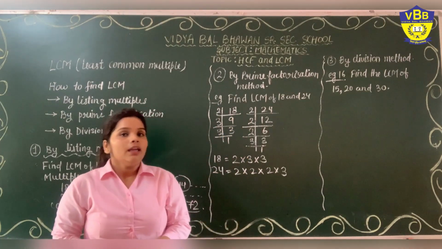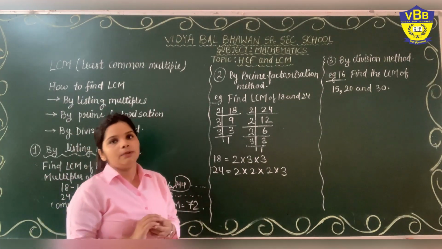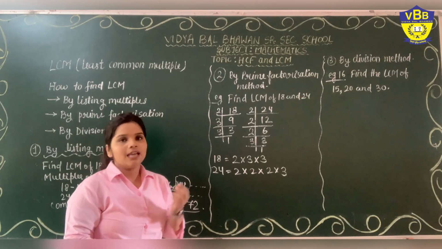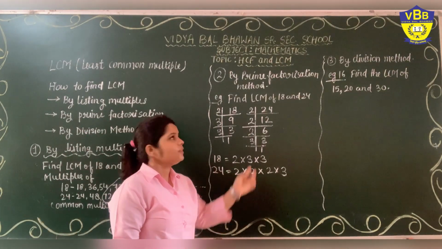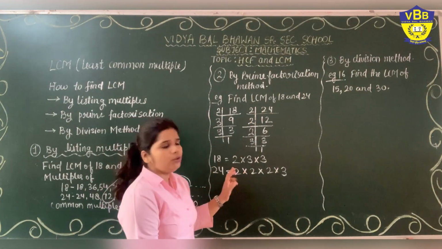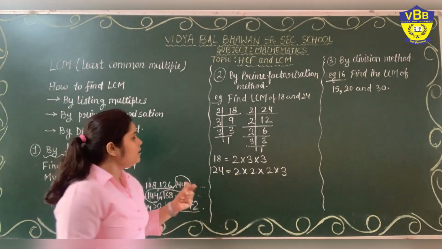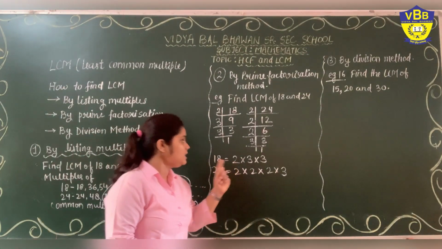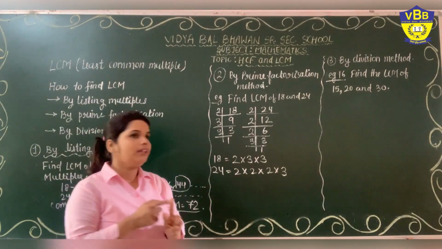Now, we don't need to look for the common factors here, as we did in HCF. In the prime factorization method for LCM, we will not look for the common numbers. What we will do is look at the numbers. You can see two prime numbers are coming, 2 and 3.